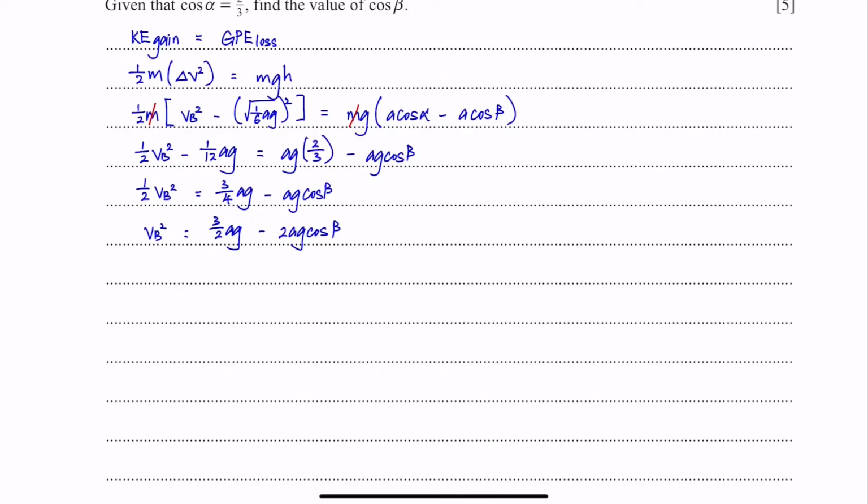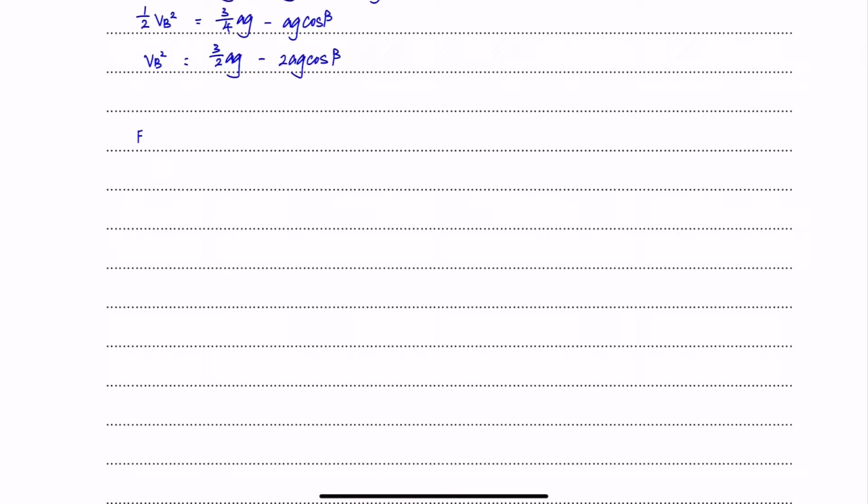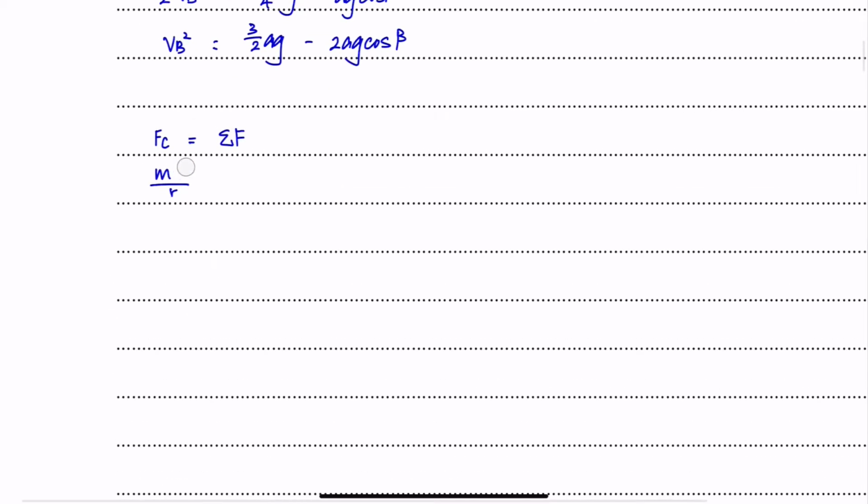And now, since vb squared is still an unknown, we need to use another equation to get rid of this unknown. So we can use the fact that the centripetal force is always the resultant force, or the net force. So the formula for centripetal force would be mv squared over r, right? And in this case, we want to find the centripetal force at B. So the v squared would be replaced by vb squared.